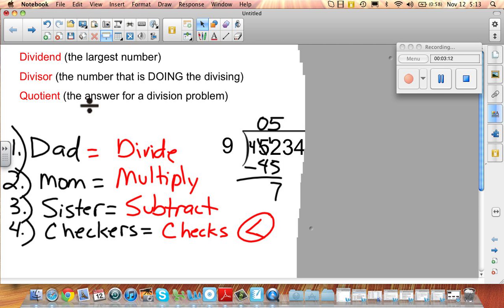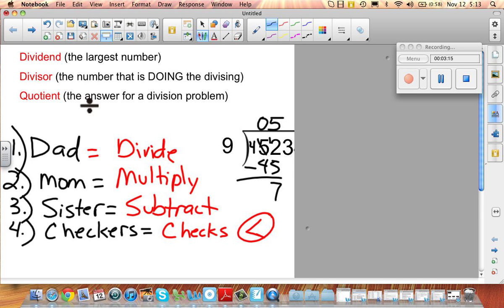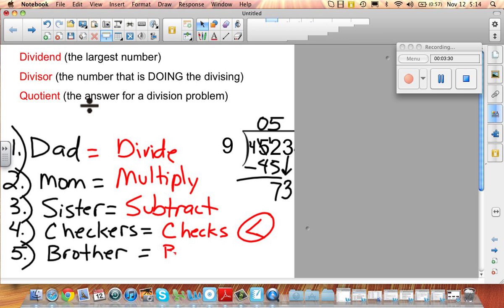Now we're on to the next step, brother, bring down. And I like to always have an arrow showing this work. I'm going to bring down the 3, and I know all the boys have been waiting for him to enter the fray here. Brother equals bring down.